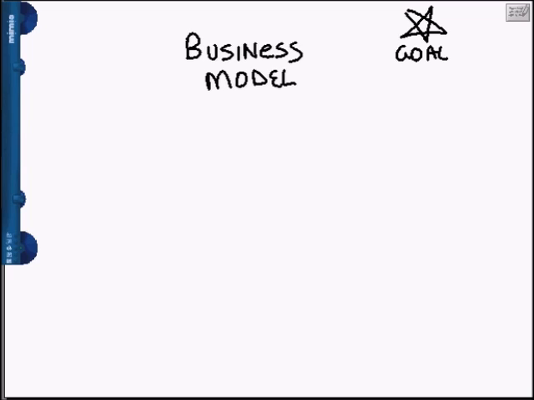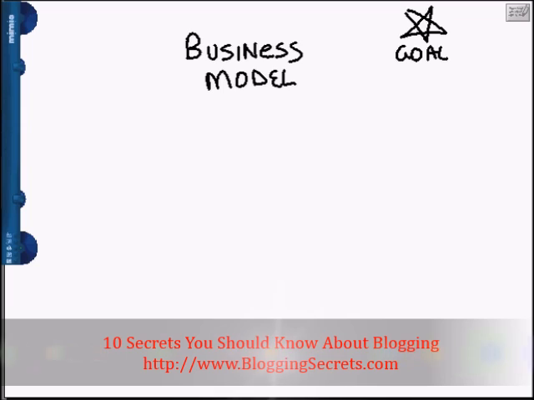I get completely amazed every day I open up my email and I see someone talking about having an AdSense business, or someone talking about having an affiliate business, or someone talking about a multi-level marketing business.